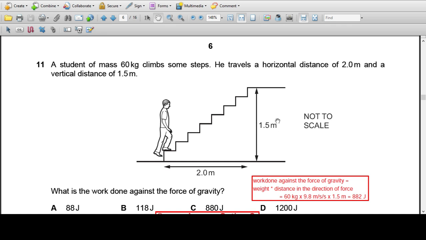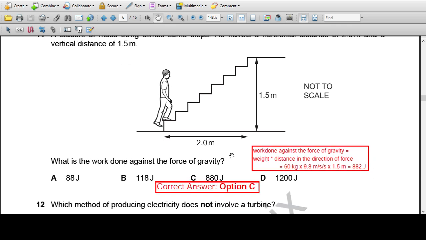So we will take this vertical distance, 1.5 meters, and mass is 60 kg, and the acceleration due to gravity is 9.8 newtons per kilogram, or 9.8 meters per second squared.